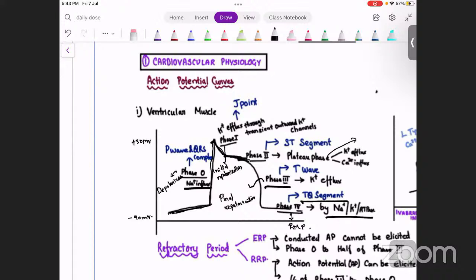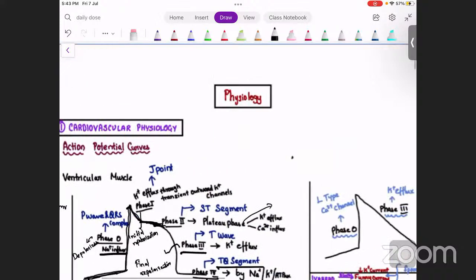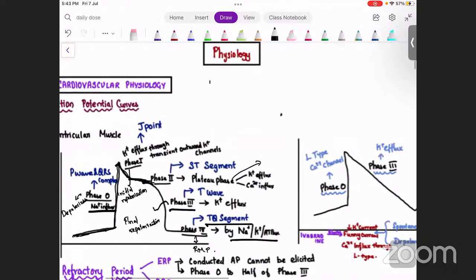So what are the things you have to remember in this action potential curve, people? I will give you a small table here. You can write it over here. You have the 5 phases of your action potential curve: phase 0, phase 1, phase 2, phase 3, and phase 4.